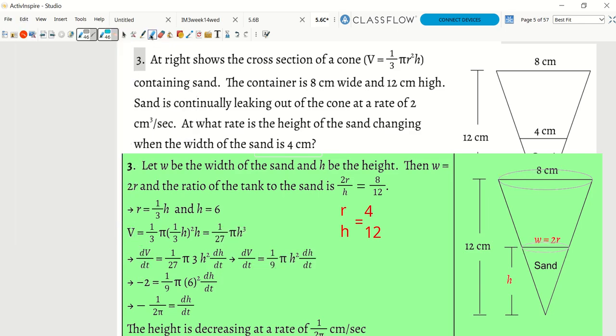And now we're going to plug in, okay? We're going to plug in 6. Where's the 6 for H? Where is the 6? Width equals 2R.